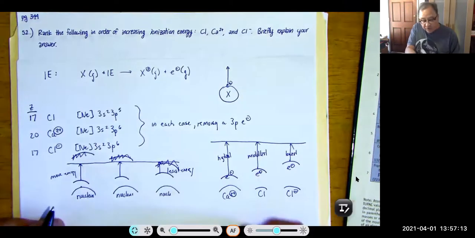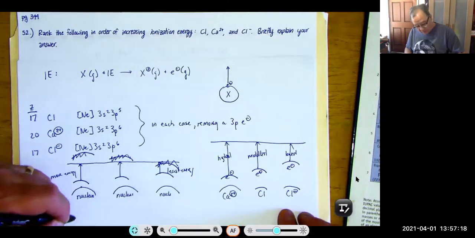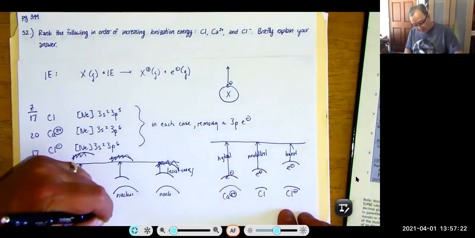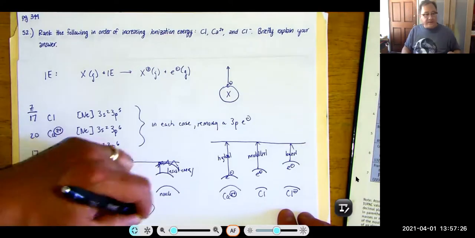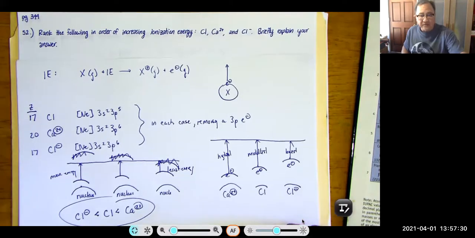So we want to do this in order of increasing ionization energy. So we've got to go with chloride is smaller than chlorine is smaller than calcium 2+. And that would be our answer right there. Okay, good. Now we're going to move on to the next one.